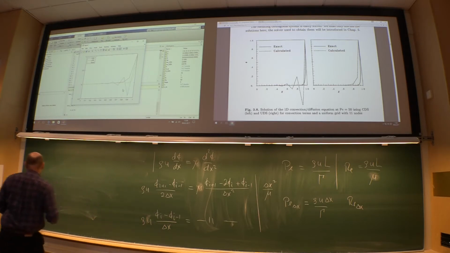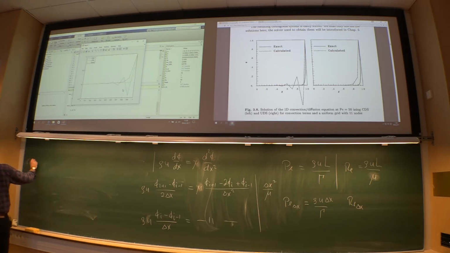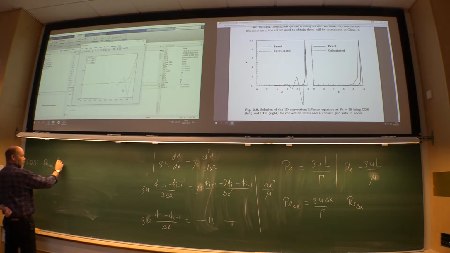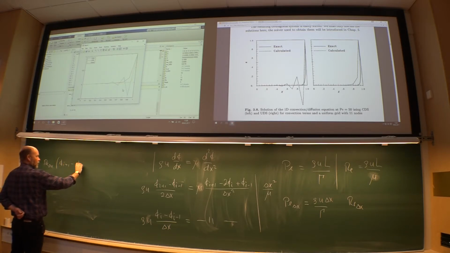So the CDS scheme will now read cell Reynolds number, and then multiply it with phi I plus 1 minus phi I minus 1.